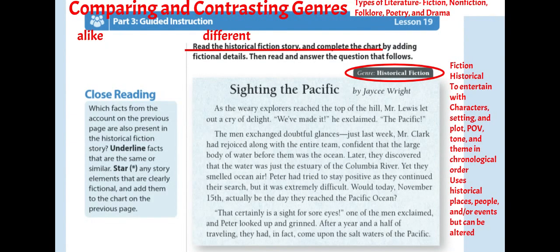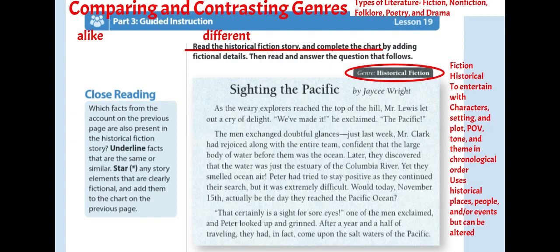So when I say historical fiction, I mean that it's fiction. And ultimately, keep in mind, fiction is fake. And historical fiction, not just any type of fiction, is historical. And because it's historical, it's going to use real places, people, and events, but these can be altered because the author gets to do that kind of thing.